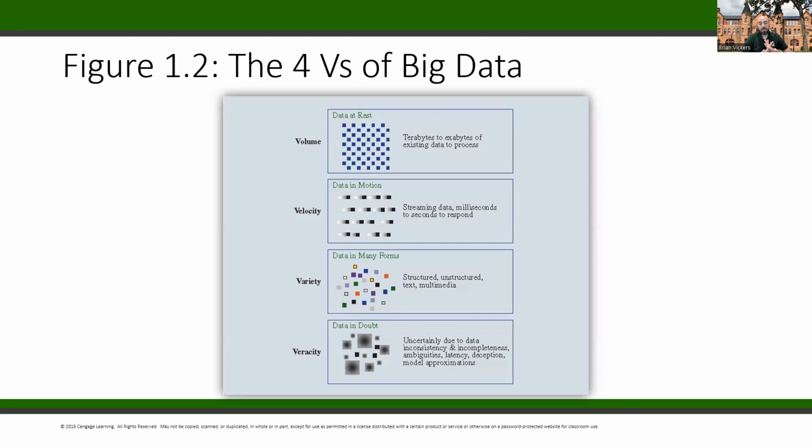And then veracity is, we'll call it the truthiness of data. Are you getting the whole picture of it? Are there missing fields? Is the file corrupted? Is there too much ambiguity because people are entering different letters as acronyms for something?